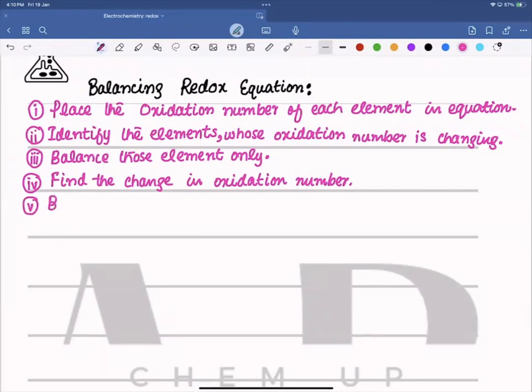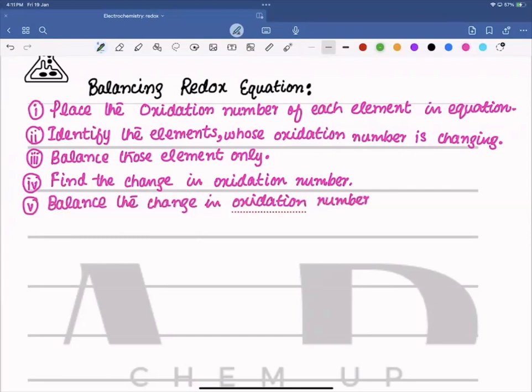Then you have to balance the change in oxidation number.